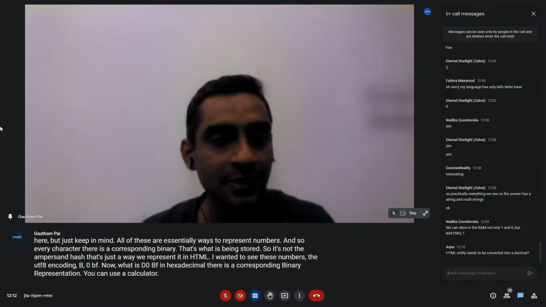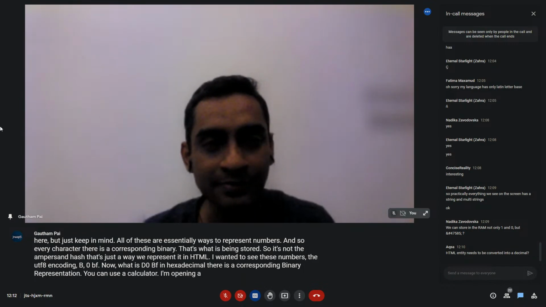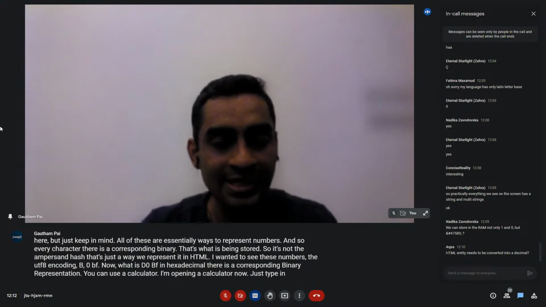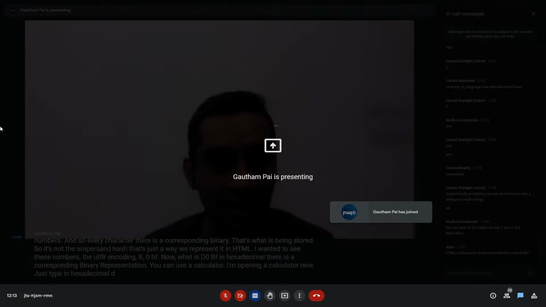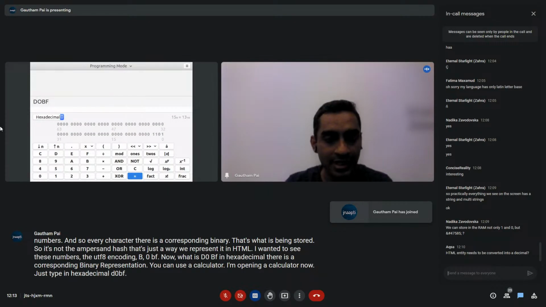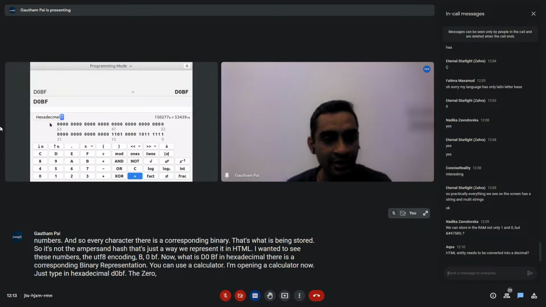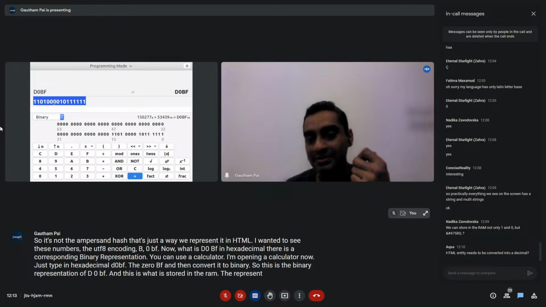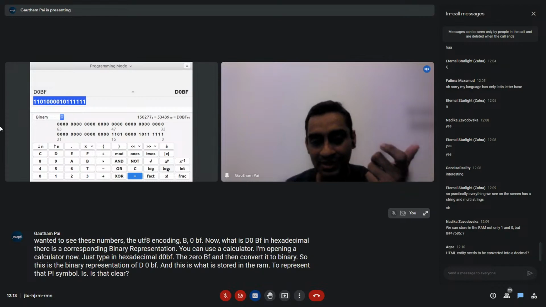I'm opening a calculator now and just type in hexadecimal D0BF and then convert it to binary. So this is the binary representation of D0BF. And this is what is stored in the RAM to represent that pi symbol. Is that clear? This is what is actually stored in the RAM.